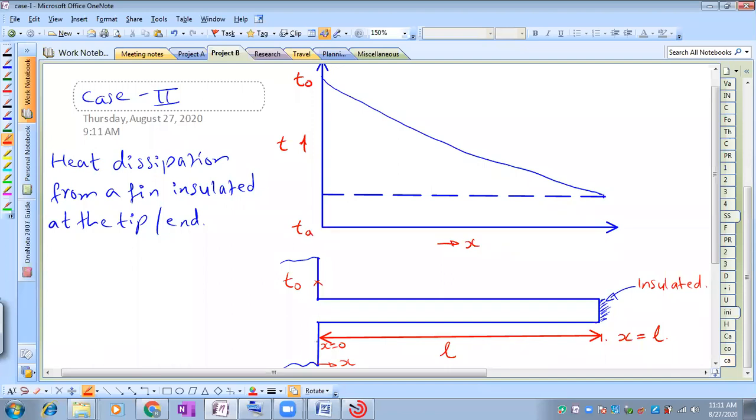When X is equal to 0, T is equal to T0, and this is the temperature profile, T of X.